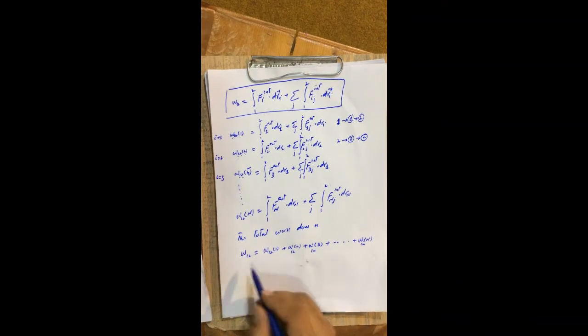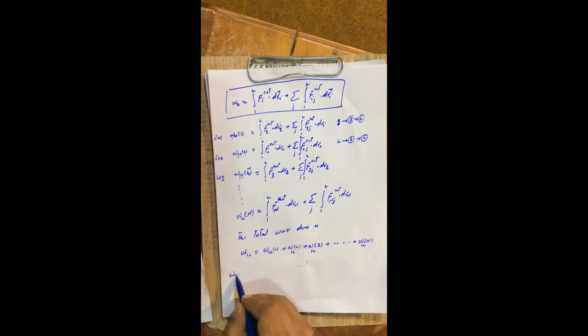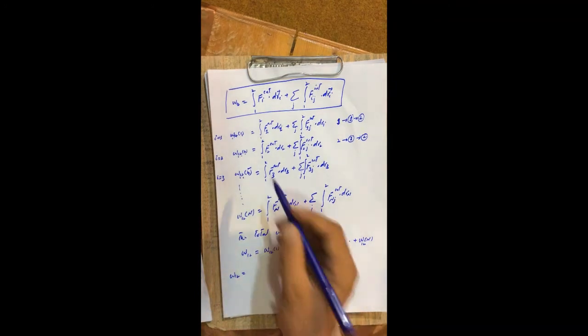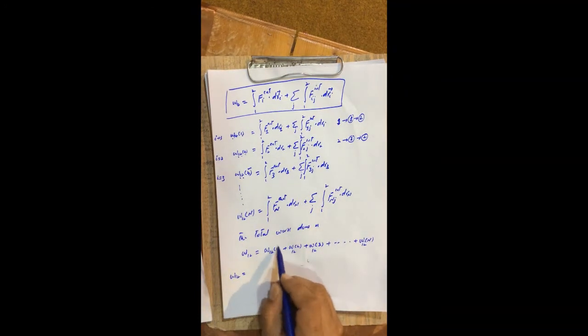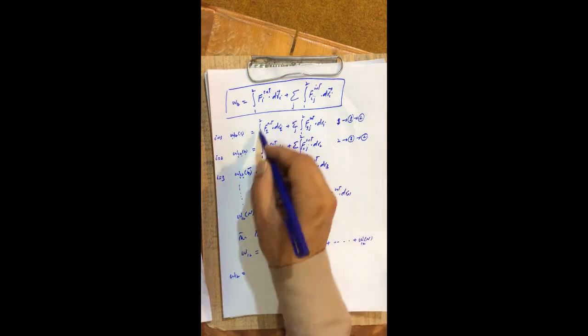Now we know that the work done in moving the system from position 1 to 2 will be equal to the following. The work done in moving particle 1 from position 1 to 2 is given by this one.